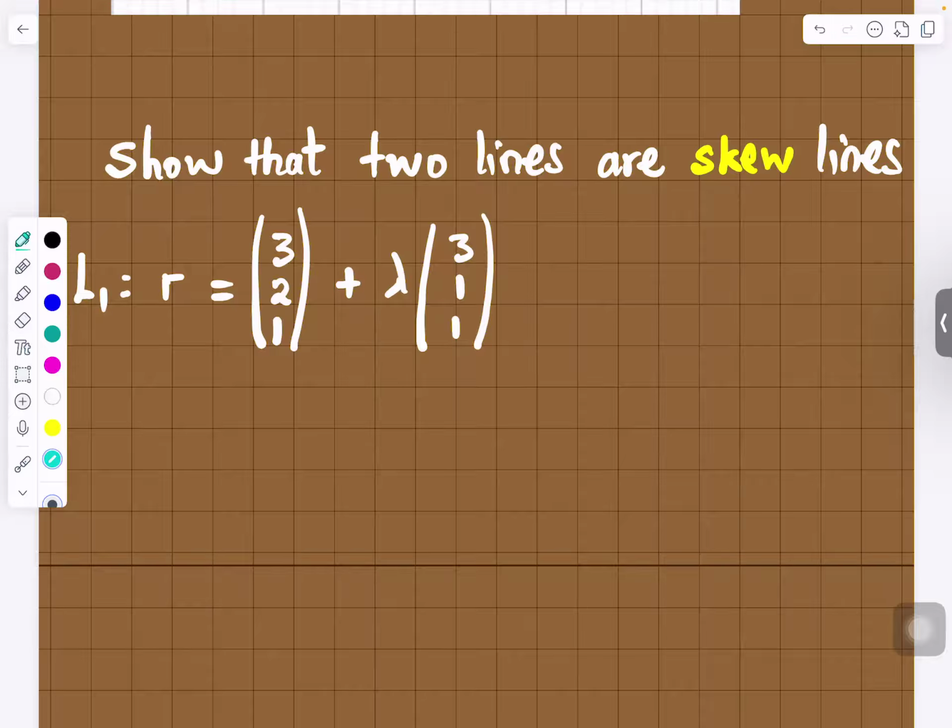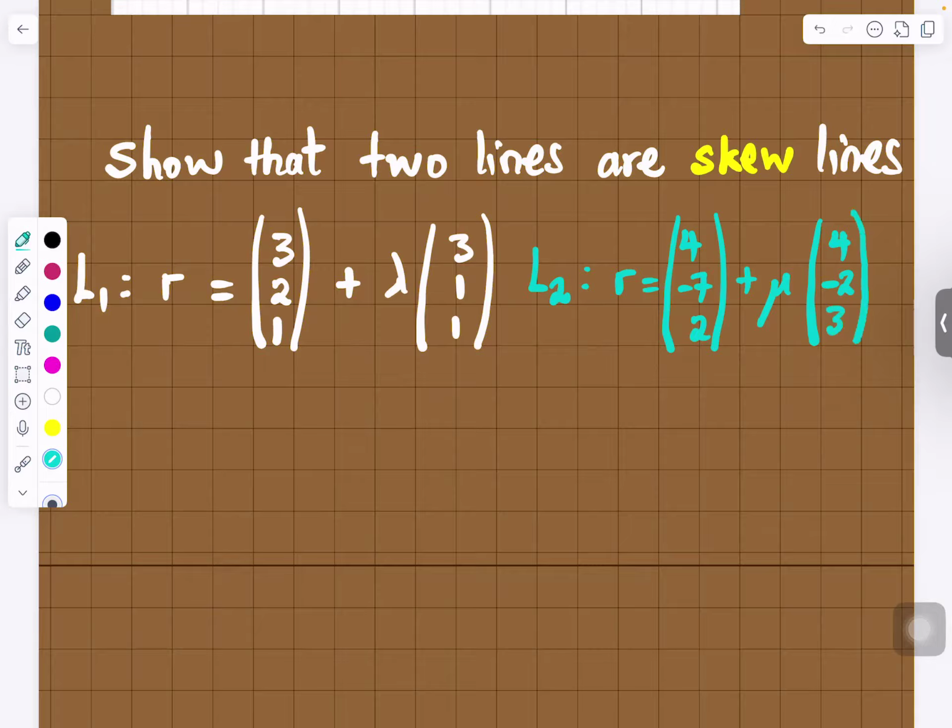And then line 2, L2, (4, -7, 2) plus mu (4, -2, 3). So that's the two lines.